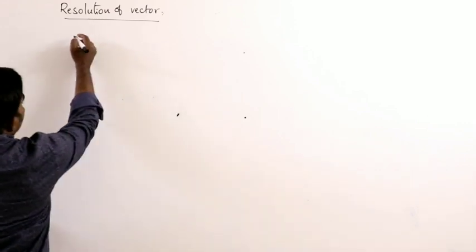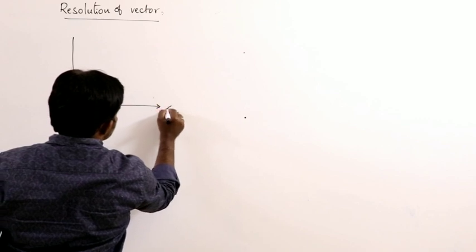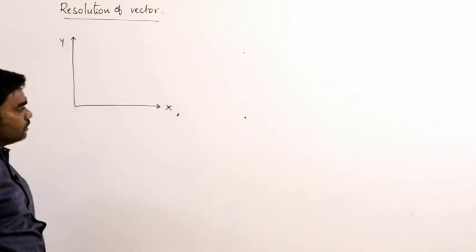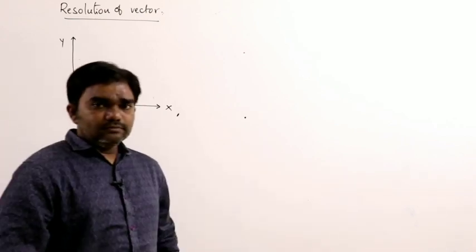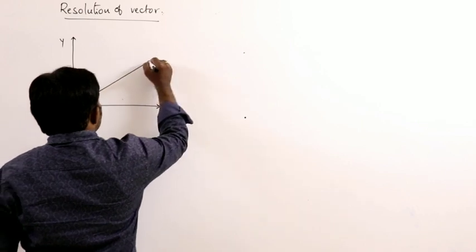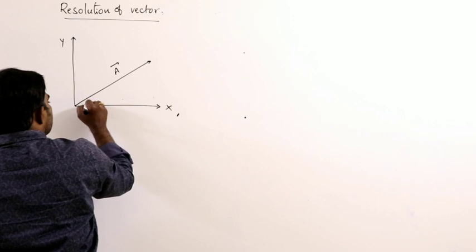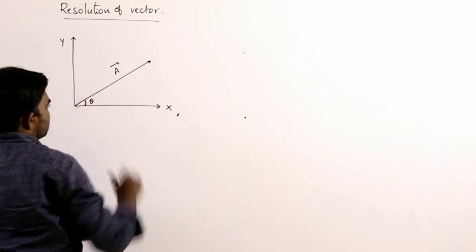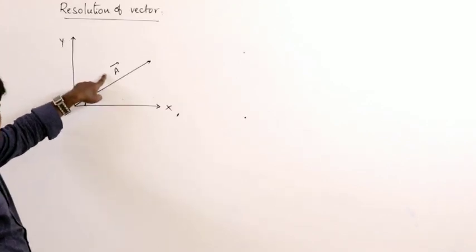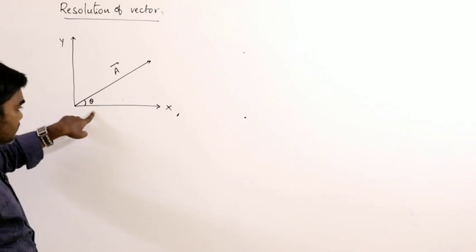See here, for example, I am considering the xy plane. This is x and this is y. Let us consider this is the vector a bar, which makes an angle theta with the x axis, that means the horizontal.